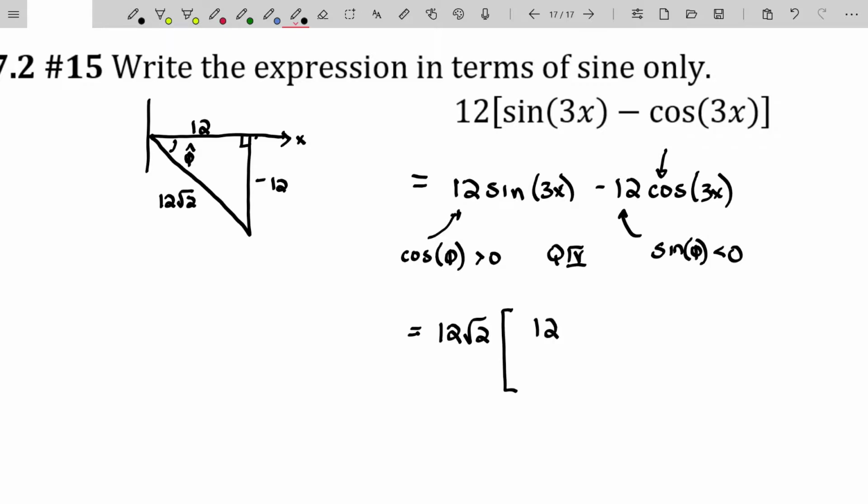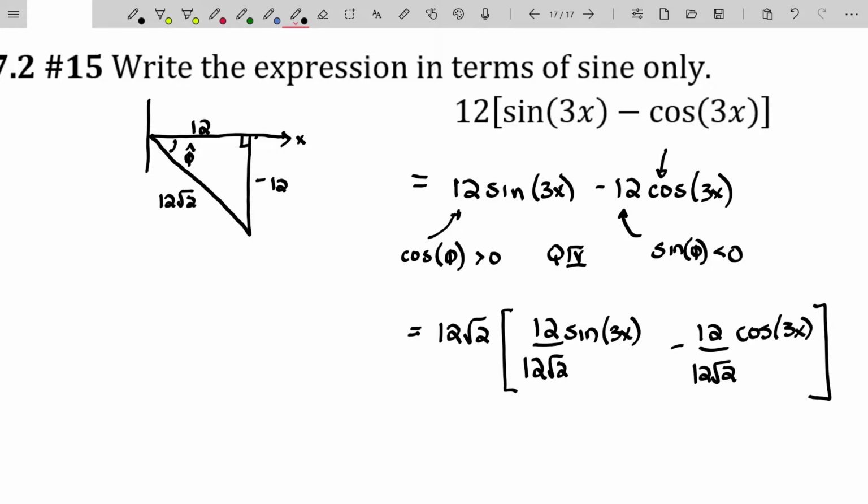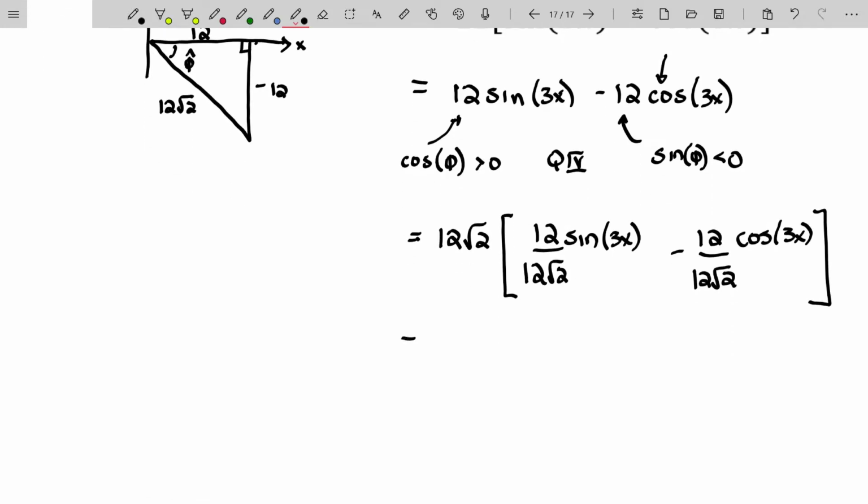So we have 12 sine of 3x, and that 12 is over 12 root 2, and minus 12 cosine of 3x, and again, that 12 is over 12 root 2. Again, all I did was take the denominator that was written here and distribute it to each of those two terms. Little simplification, you get 12 root 2 times 1 over root 2 sine of 3x minus 1 over root 2 cosine of 3x.